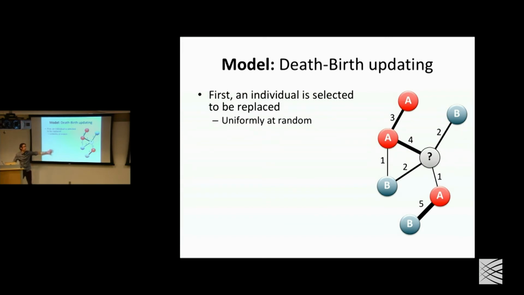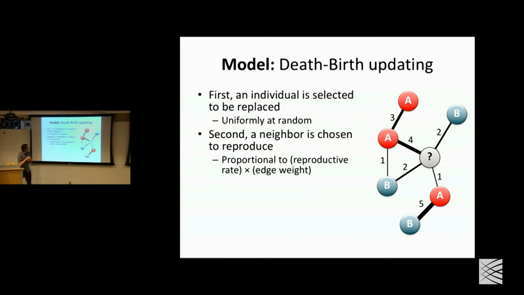And someone is going to reproduce to fill that spot. We're assuming this is a haploid asexual population, so only one individual gets to reproduce. That's going to be a neighbor of the vacant spot, and the choice of which neighbor is proportional to reproductive rate times the edge weight to the vacant spot. So if you have a higher payoff, you have more chance to reproduce, but also if you're closer to the vacant spot, you have more chance to reproduce. It takes both of those into account.